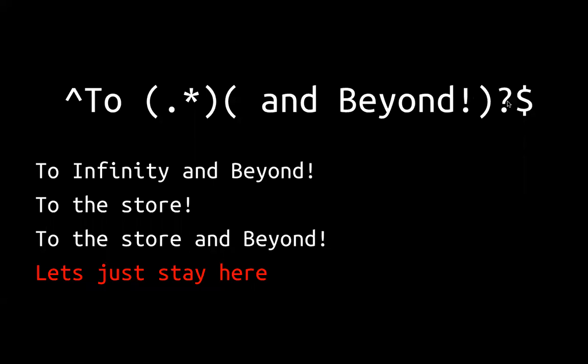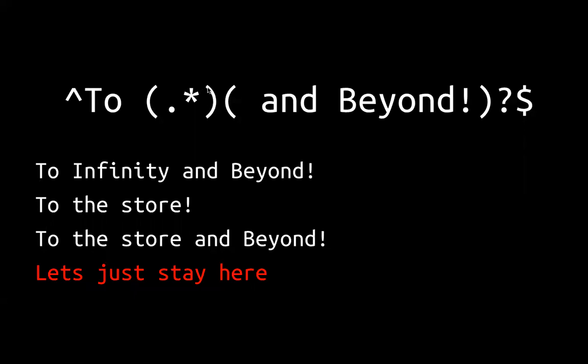And you can see that I've got a question mark after this space and beyond group, saying that the and beyond is optional. So my intent here is to match any of these kind of things, right? Something that's to infinity and beyond, or just to the store, or to the store and beyond. Any of these should match, but what should not match is, let's just stay here, right? It has to be to somewhere. And I've got some captures in here, right?